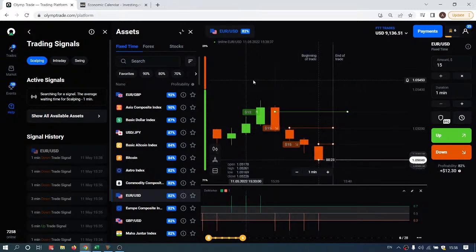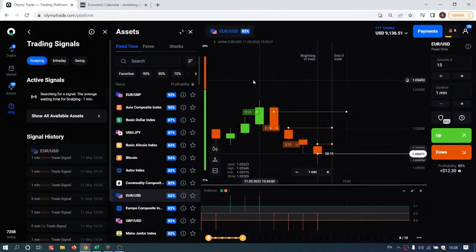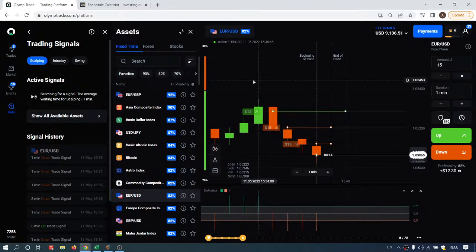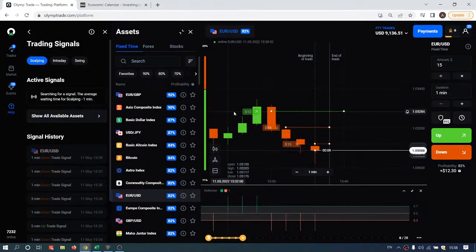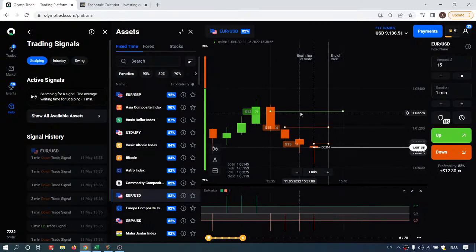What is good about FTT is that it's the fastest way to grow your capital. Forex with the 500 multiplier is fast, but FTT is faster. So if you know what you're doing and you've developed a trading strategy, then FTT would be the answer for you.